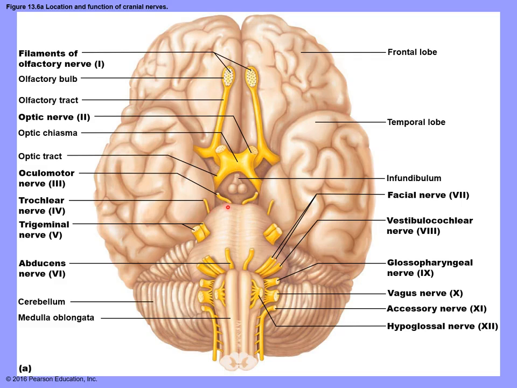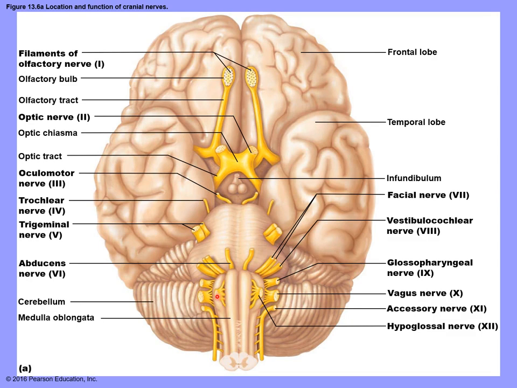Oculomotor nerve is number 3. Number 4 is the trochlear nerve. Trigeminal is number 5. Abducens is number 6. If we move over here, this is the facial nerve, which is 7. Vestibulocochlear nerve is number 8. Move down here, number 9, glossopharyngeal nerve. Number 10 is the vagus nerve.